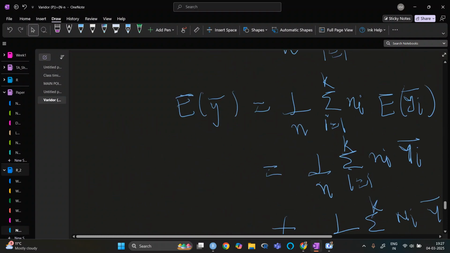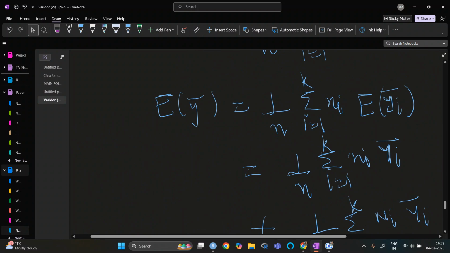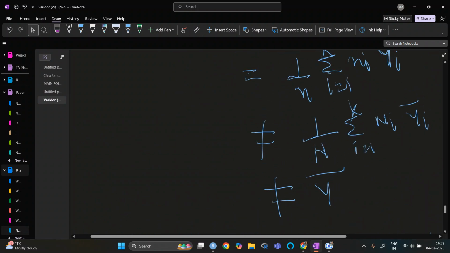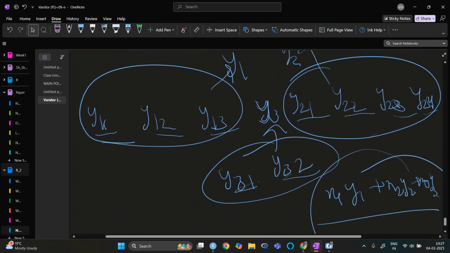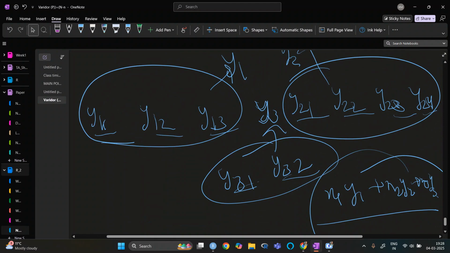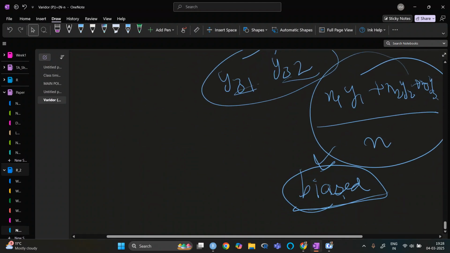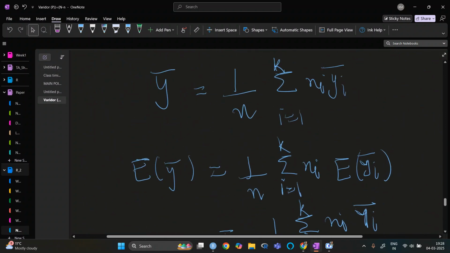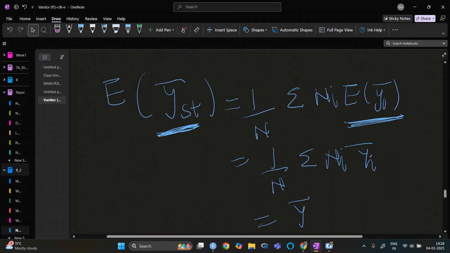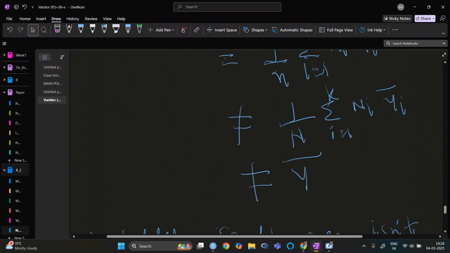The calculation is the proof, but to understand it simply: if you take the weighted sample mean, then it is biased. And if we are estimating Ȳ_st, then it is unbiased.